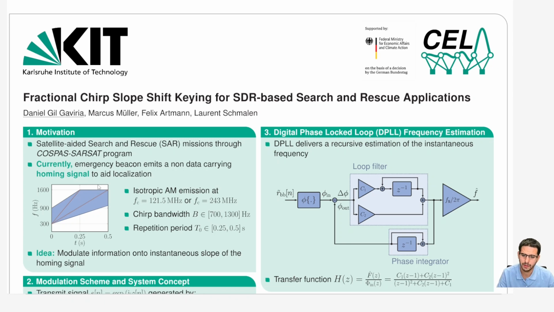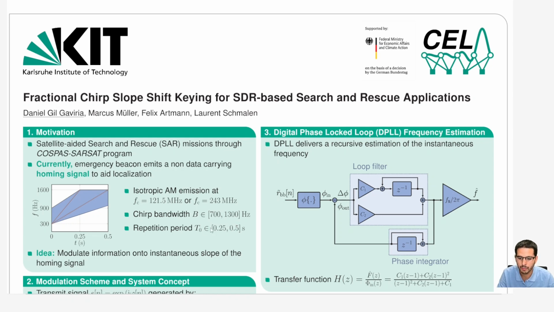So the main characteristics of this homing signal are the following. It has to be an isotropic AM emission at the search and rescue bands, which are 121.5 MHz or 243 MHz. And the signal has to be chirped and have a bandwidth between 700 and 1300 Hz.